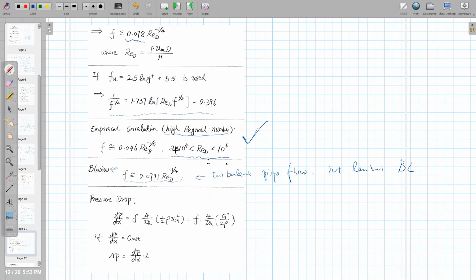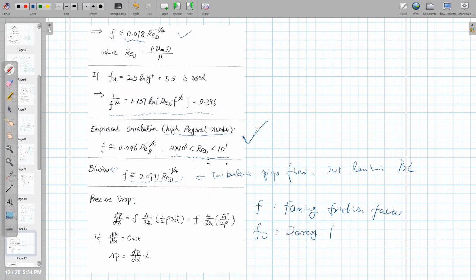Okay, all right. After you get the friction factor F, either from this one or this one, you can calculate the pressure drop. Remember that this friction factor F is the Fanning friction factor, not the Darcy.